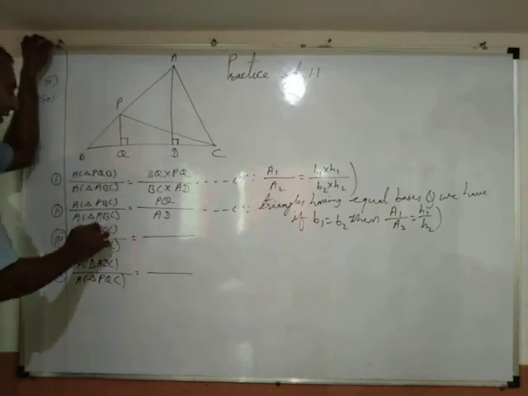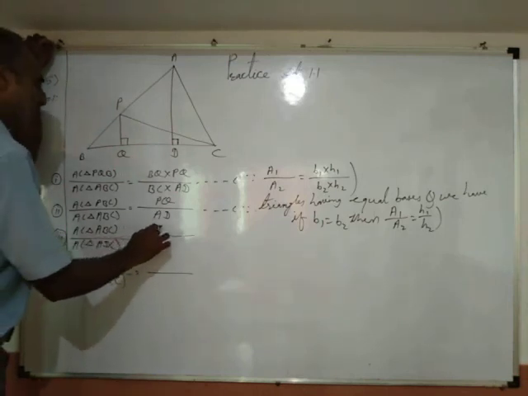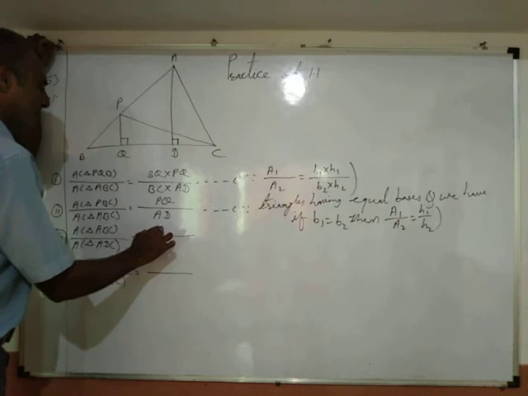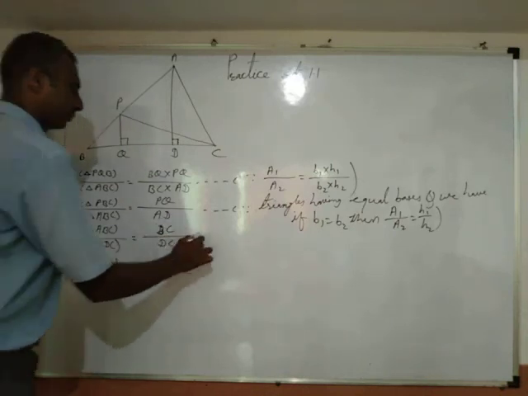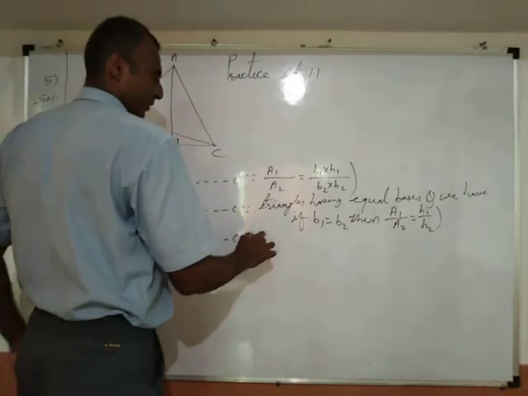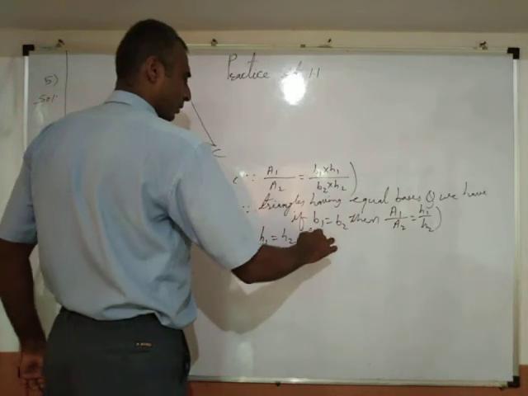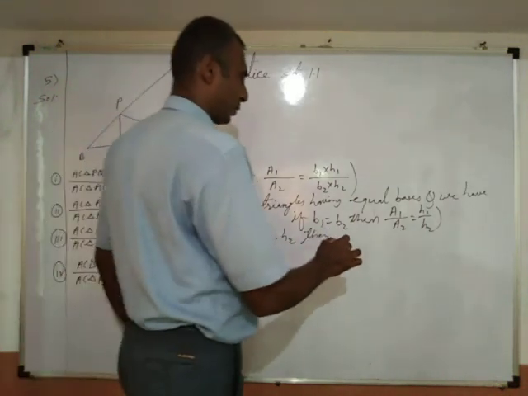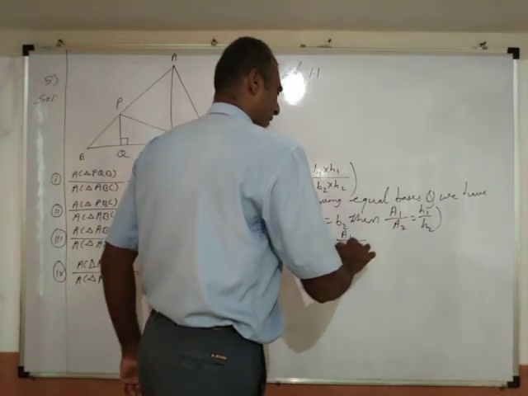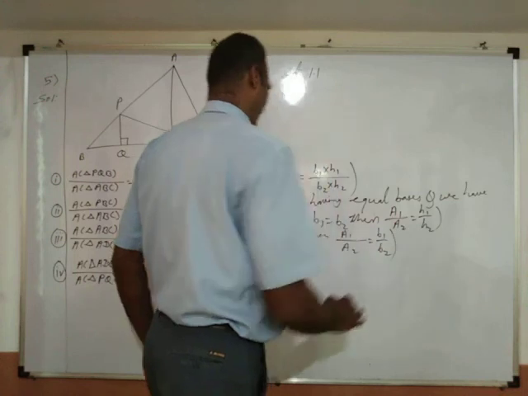That's why area of triangle ABC upon area of triangle ADC equals BC upon DC. If H1 equals H2, then A1 upon A2 equals B1 upon B2.